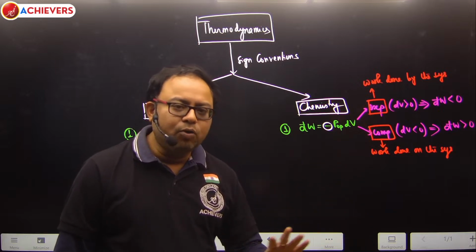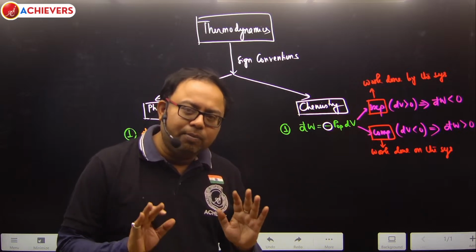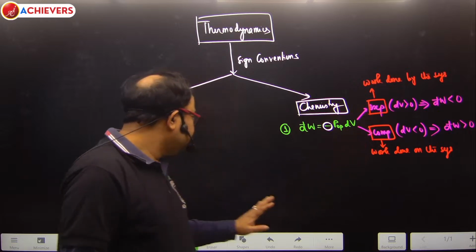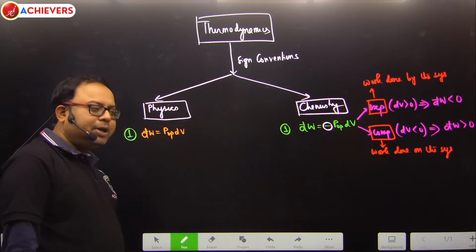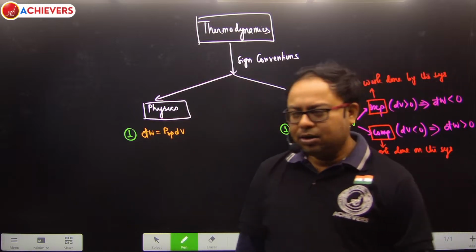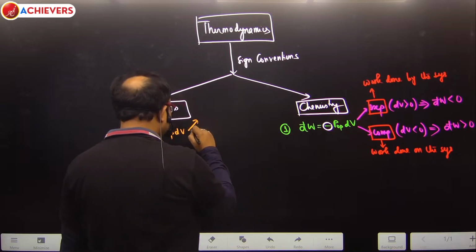We are not going for any non-mechanical work. We are solely sticking to mechanical work or PV work. So here it's just POP dV, plus. So naturally everything is reverse.